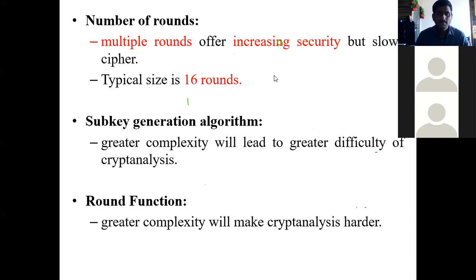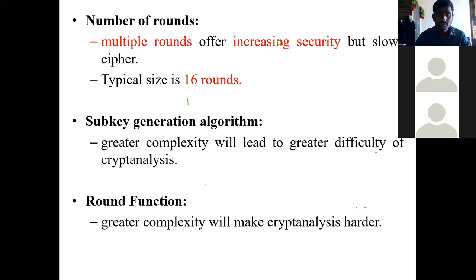See, the first is number of rounds. If the number of rounds is more, then the security is more, but it slows the cipher. Most commonly we can have 16 rounds, but that depends on the algorithm. The next parameter is the subkey generation algorithm, which we use to generate a unique subkey for each round.